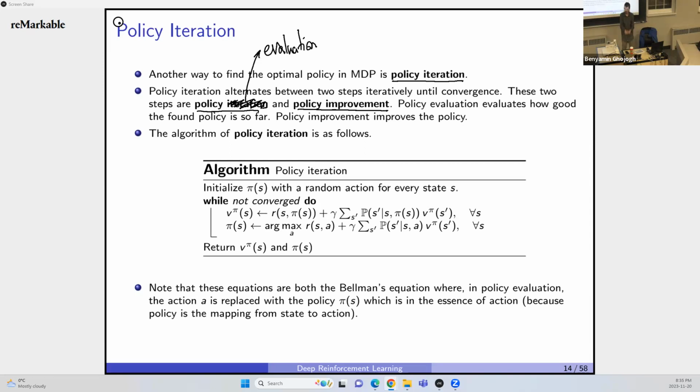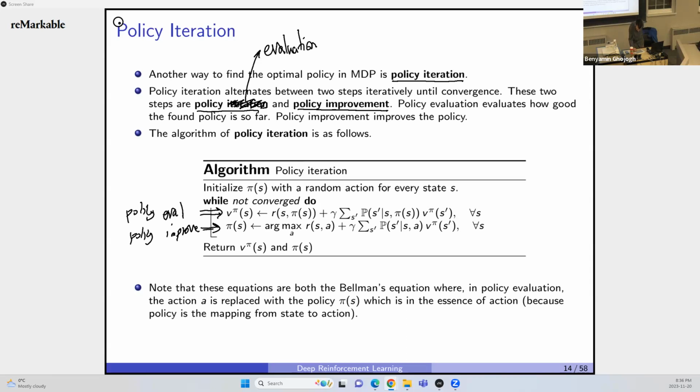Then I improve that policy. When the policy changes, the value changes. So I evaluate the value. Then I improve the policy. Then I evaluate it by value. So this is, as you see, policy evaluation. This is policy improvement, right?